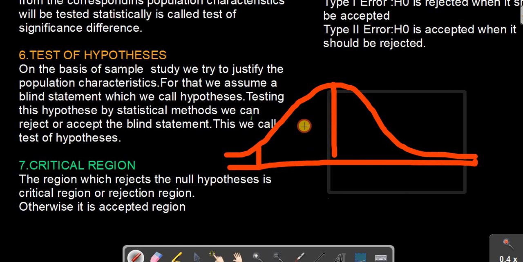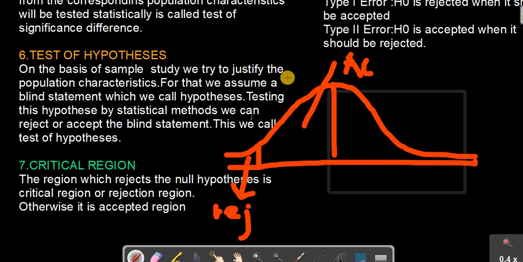Suppose in this particular area it may be accepted, and in this particular area it may be rejected. So this is the rejected area, and that is the accepted area. The region in which the null hypothesis is rejected is called the rejected area, otherwise it is the accepted area.